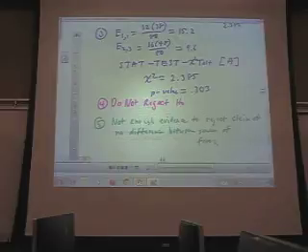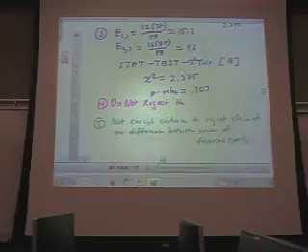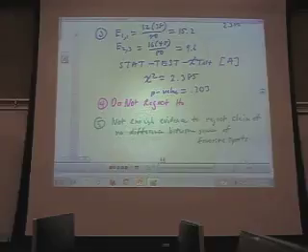Does that make sense? So no difference between genders of favorite sports. In other words, there's no difference between whether you're a man or a woman in regards to your favorite sport.